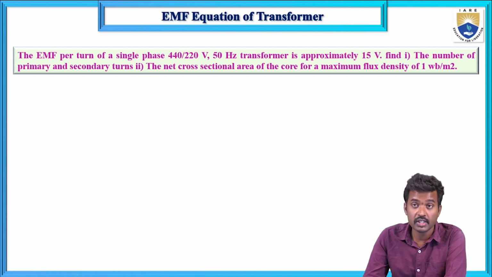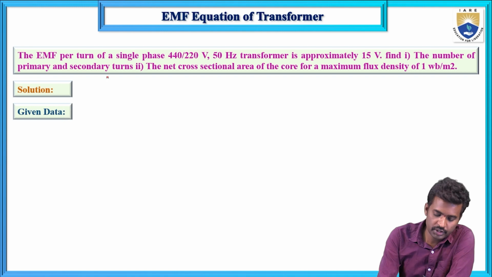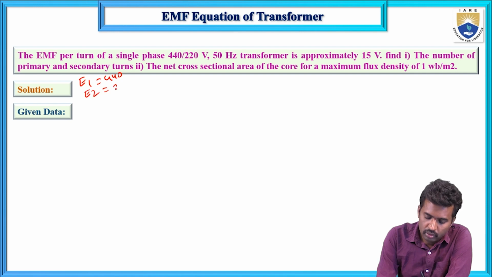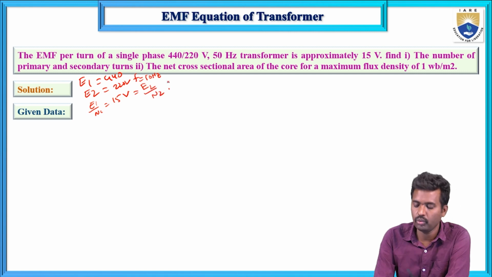In the previous problem they have given in Tesla, and here B equals 1 Tesla. Now here same procedure. Solution: E1 equals 440 and E2 equals 220 and F equals 50 Hz, and E1 by N1 equals 15 volts equals E2 by N2.